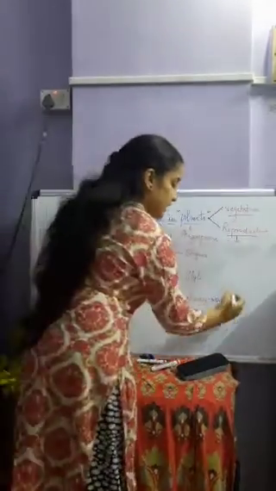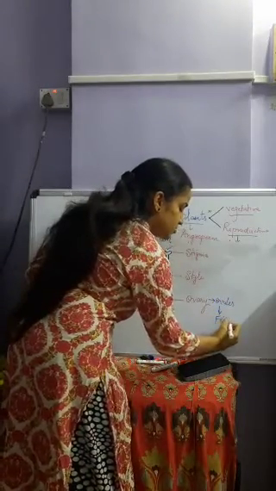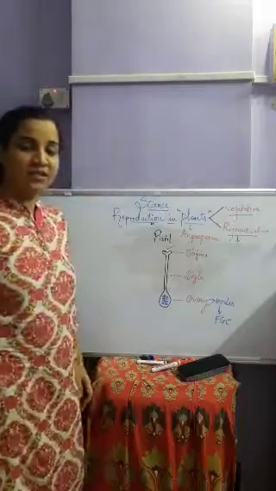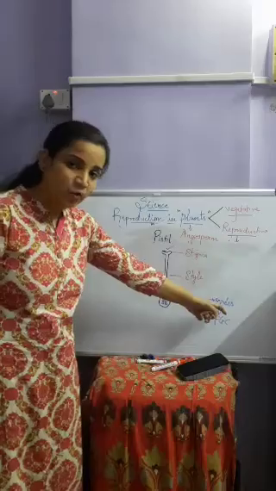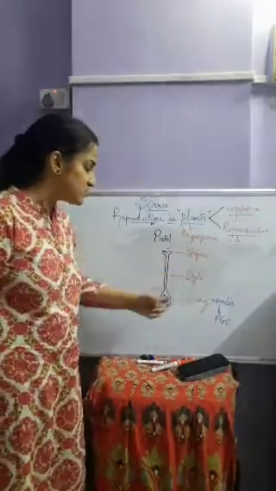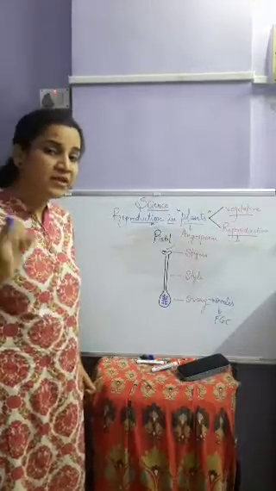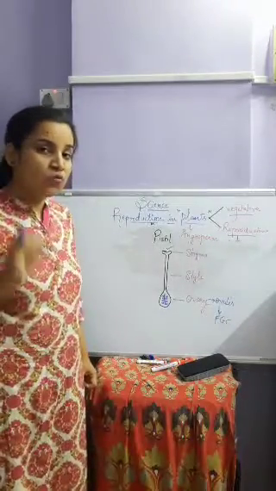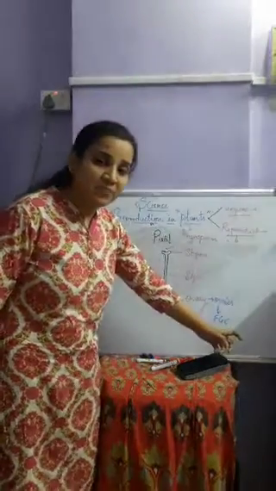Ovules are said to be the female germ cells. Inside the ovary, we have the ovules. These ovules contain the female germ cells or the female reproductive cells, or you can also call them female gametes.